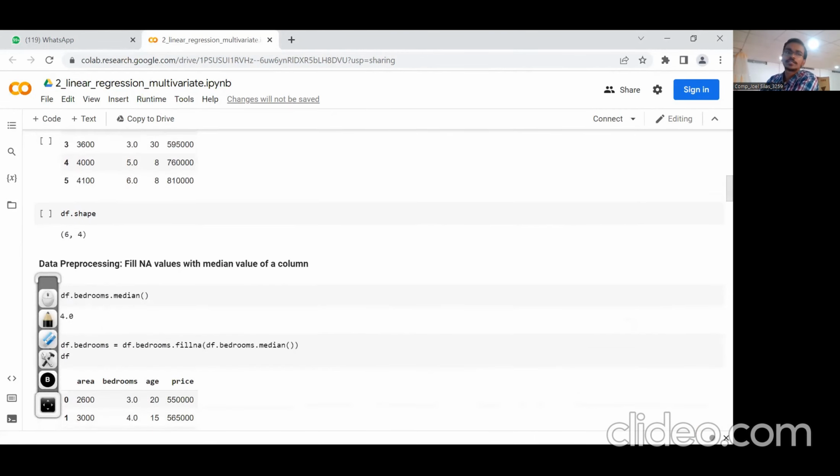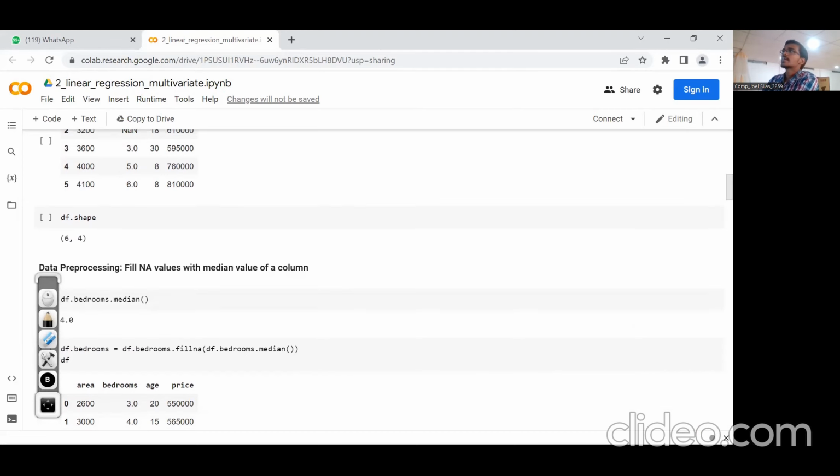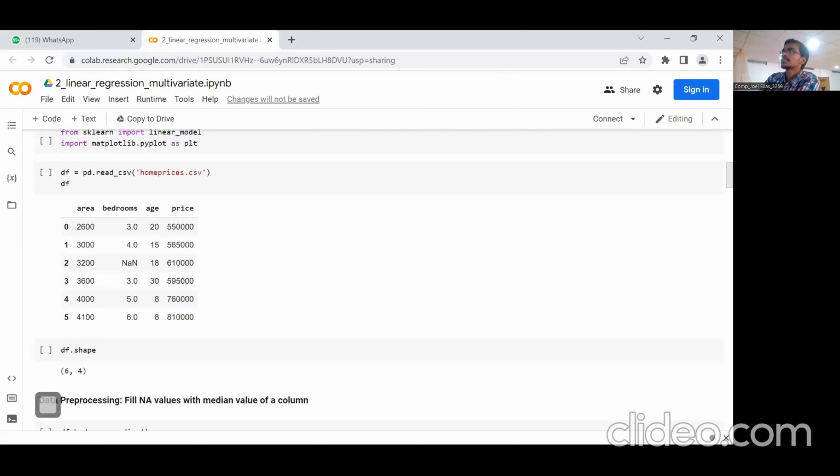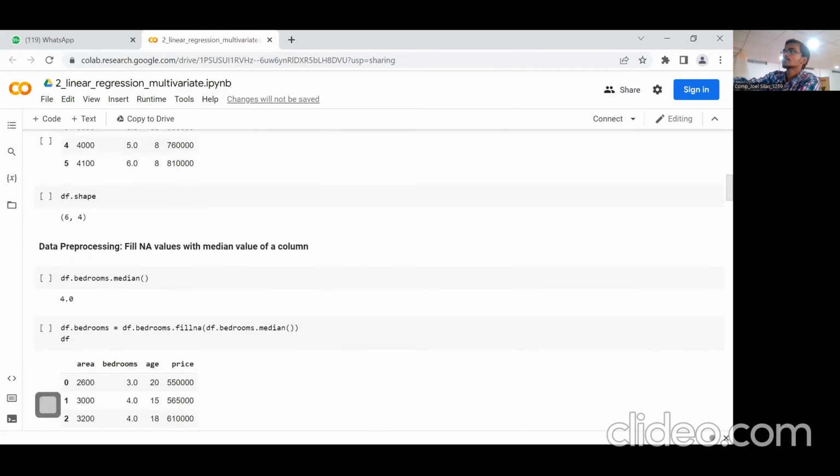So if we see df.shape, it indicates how many rows, how many columns. We can see that there are 6 rows and 4 columns.